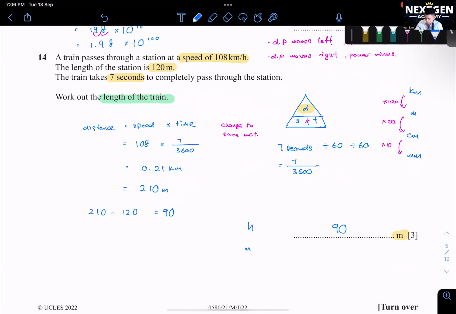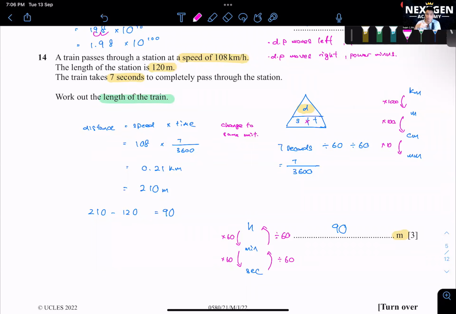Hours, minutes, seconds. Hours to minutes times 60. 1 hour has 60 minutes. 1 minute has 60 seconds. Here, divide by 60, divide by 60.